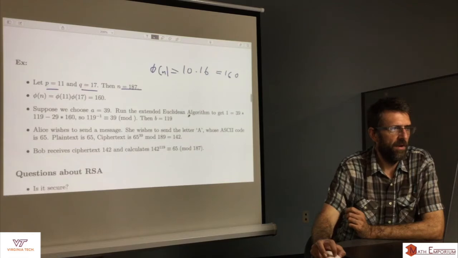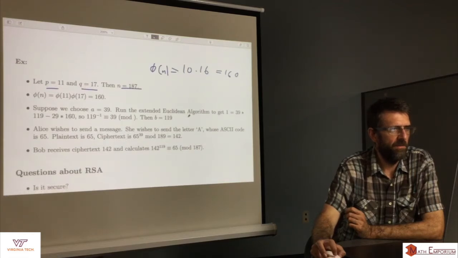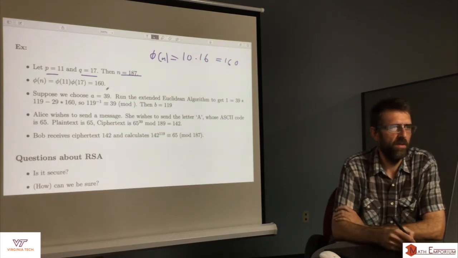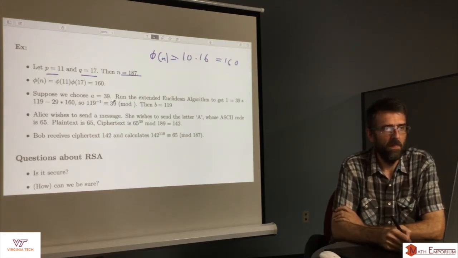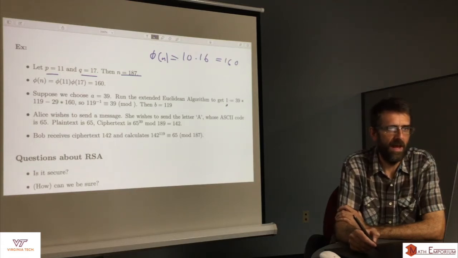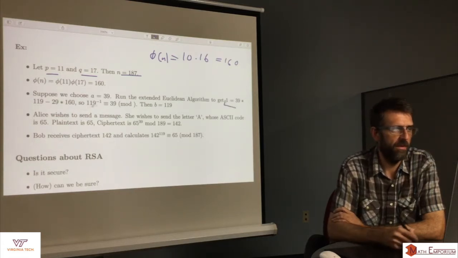All right, so suppose then I just at random choose the public encryption exponent to be 39. Okay, so we want to run the extended Euclidean algorithm, and if I do that, I can get 1 as a linear combo of 39 and the modulus 160.